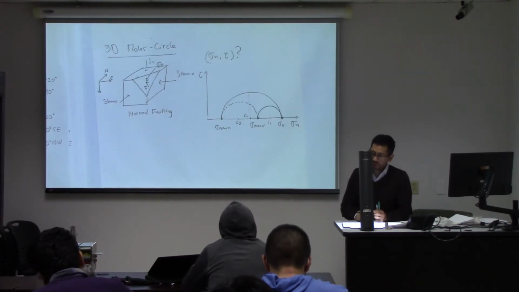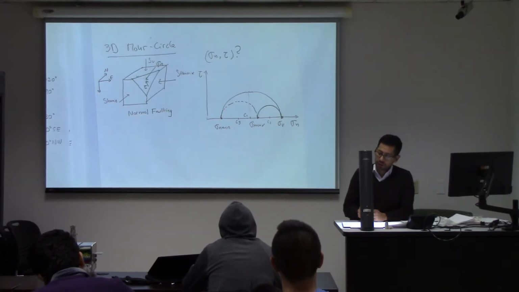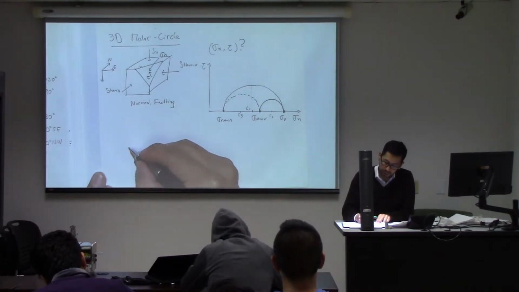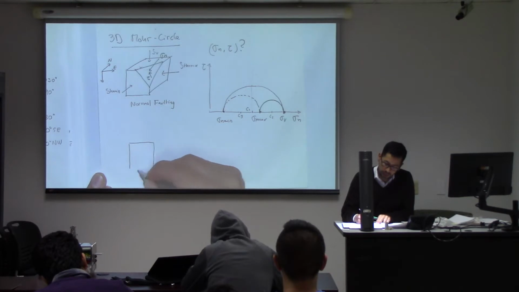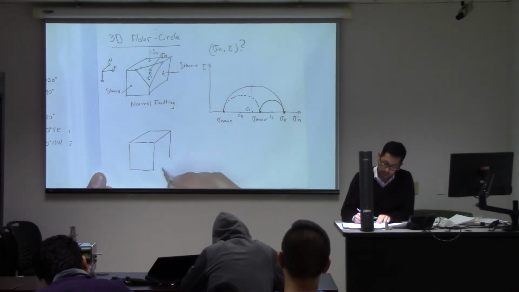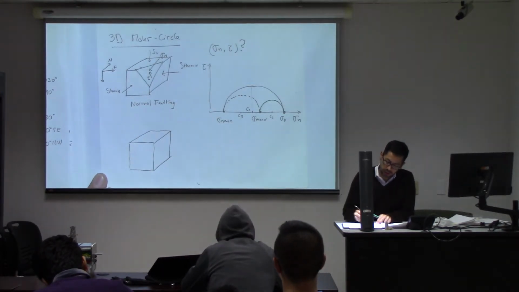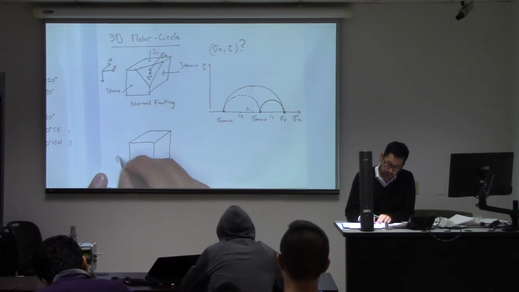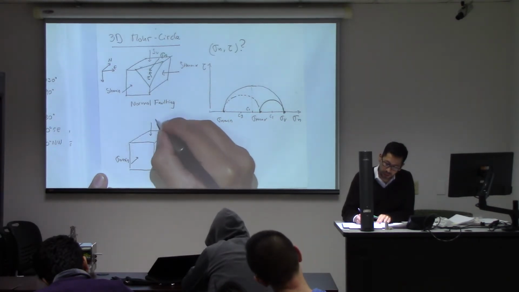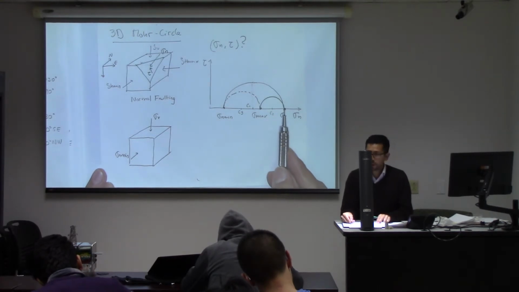Let's understand what those 3 circles are. Let's start with the first circle, between sigma v and sigma h min. I'm going to draw here the same cube that we had above, in terms of sigmas, because the Mohr circle should be in terms of sigmas. Look at this point over here.